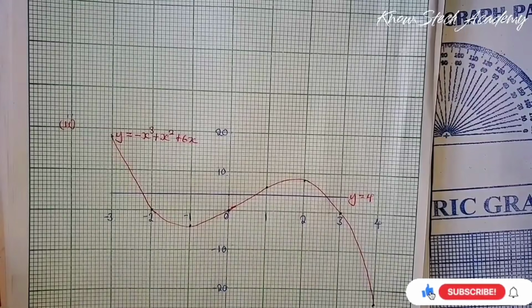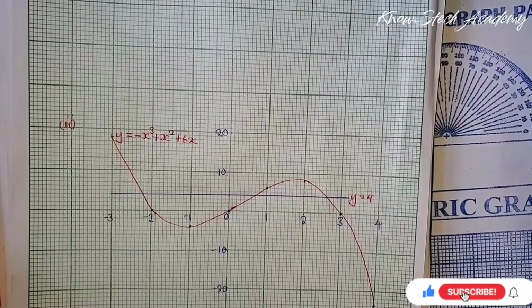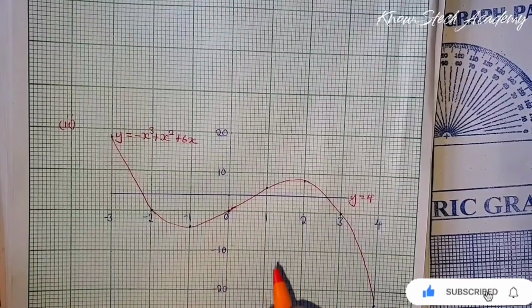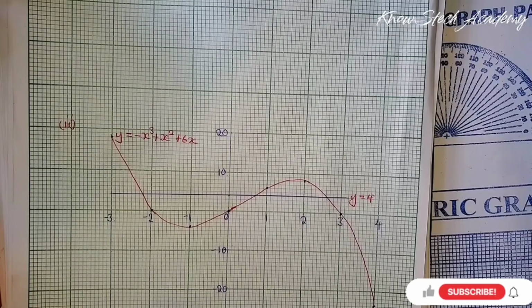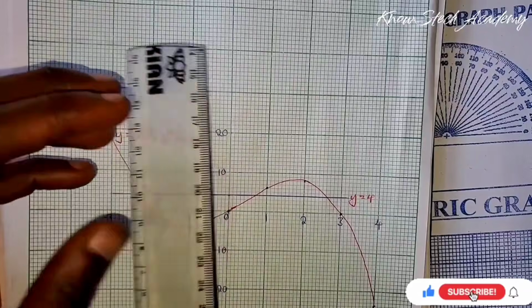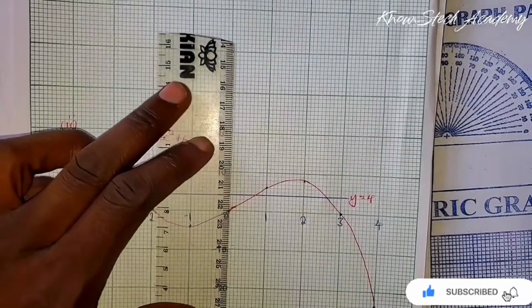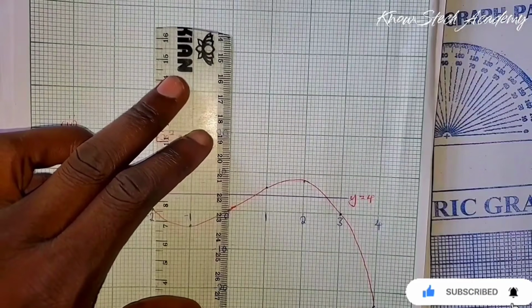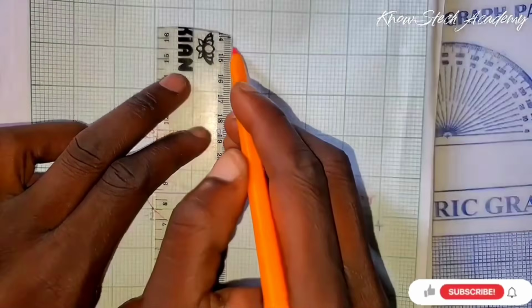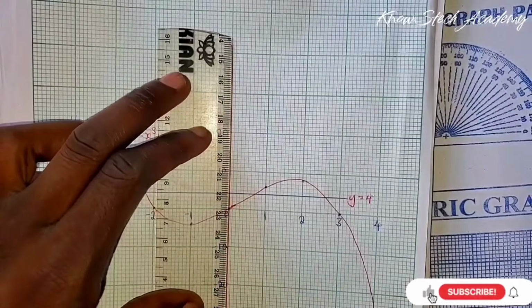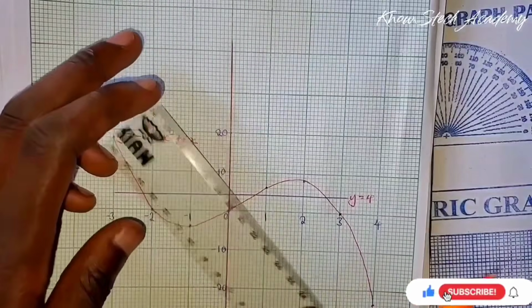Now this is not the answer. We don't end here. This straight line is cutting the curve. Oh, by the way, remember to draw the x and y plane. This is very, very important. This is the y-axis.